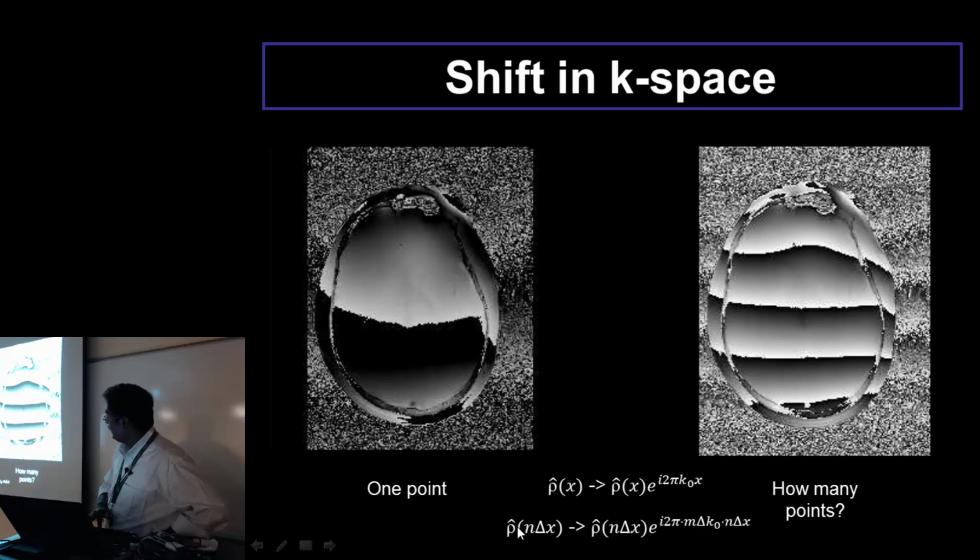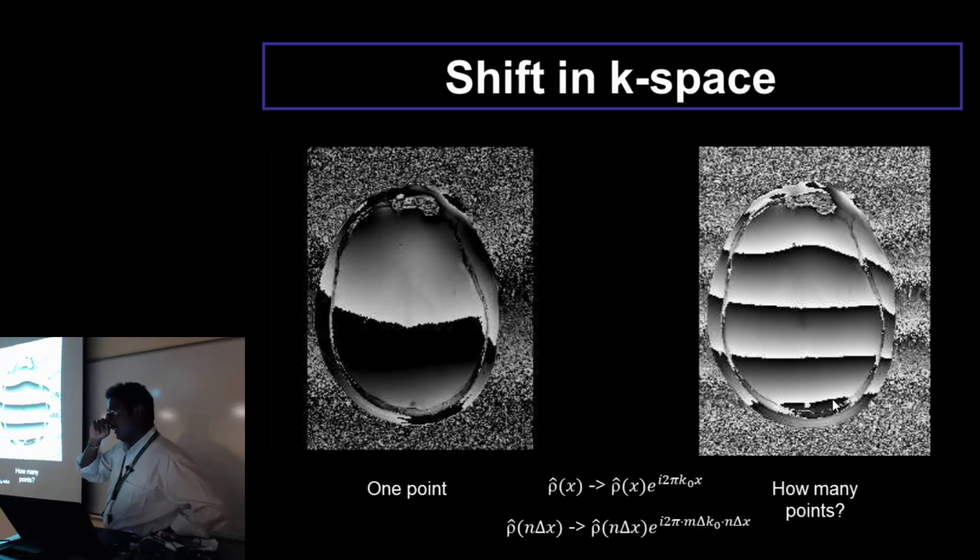In terms of discrete points, you can determine by the number of bands how many k-space points it shifted. Here it goes from plus pi to minus pi within one field of view, so that means just one data point. And here, how many do you see? The number of bands tells you how many data points of k-space it had shifted.